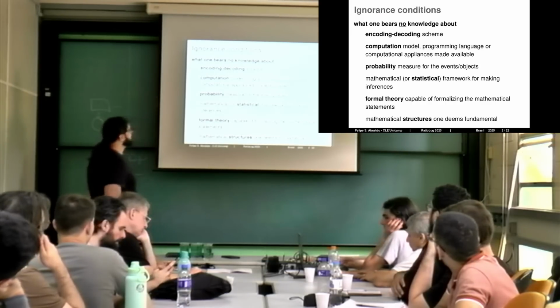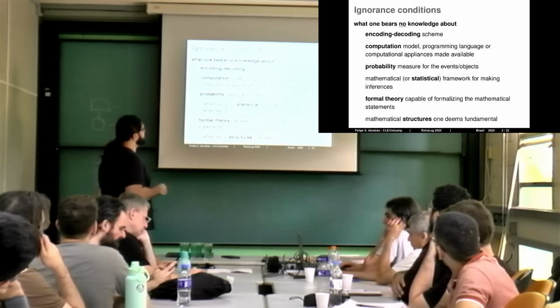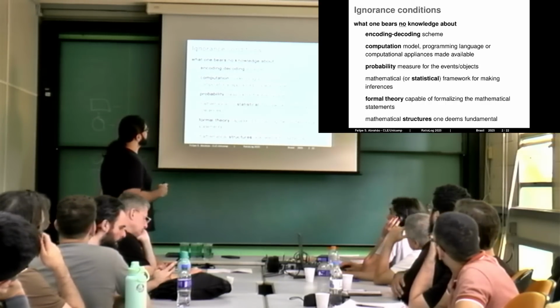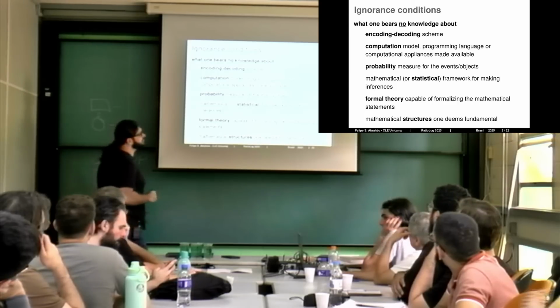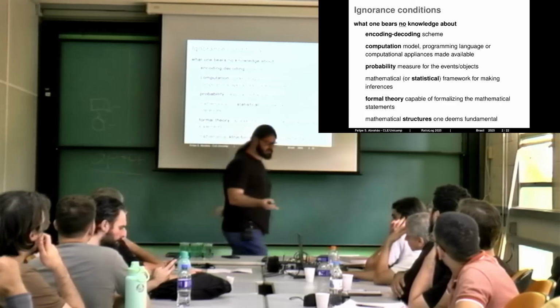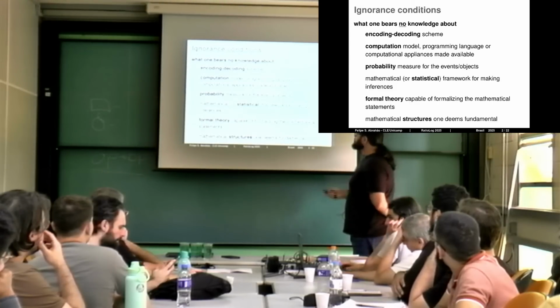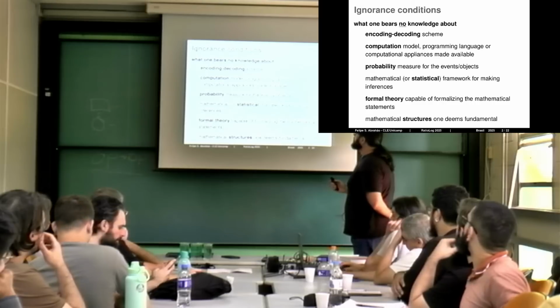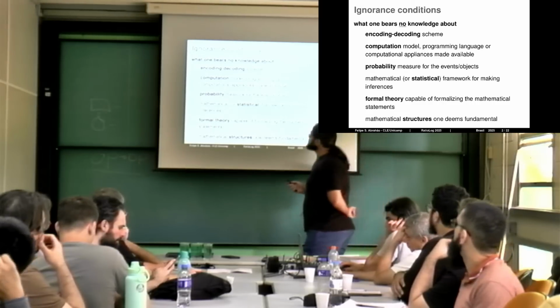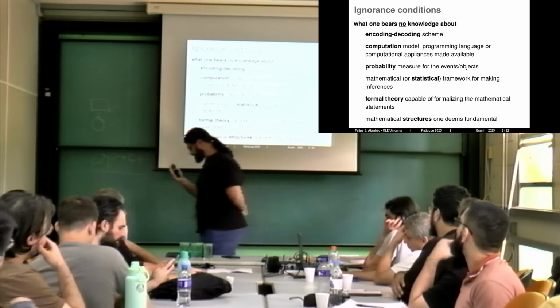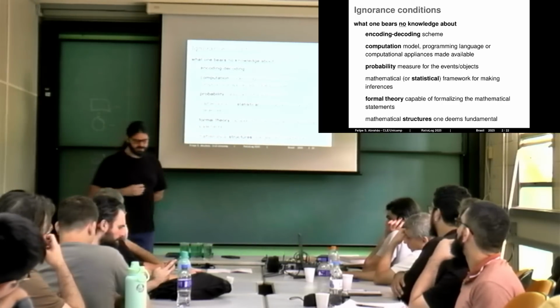Then we can be a little more dramatic and be ignorant about the computational model that he used, for example, a Turing machine or some other machine. Anyway, any kind of model, abstract or physical, about the programming language and about the computational appliance that is made available to this other agent.